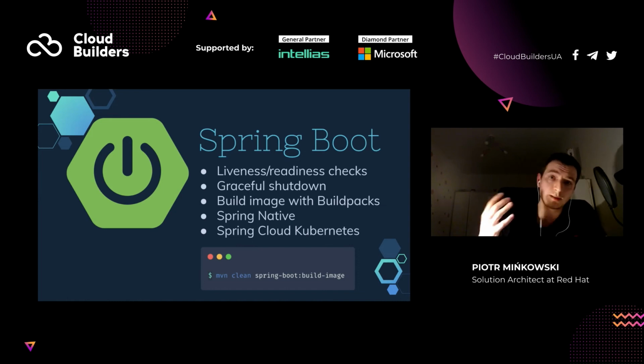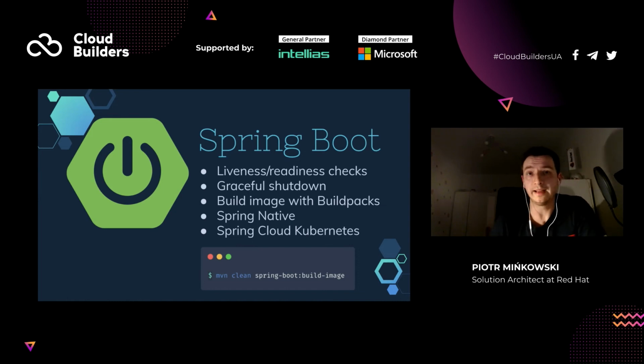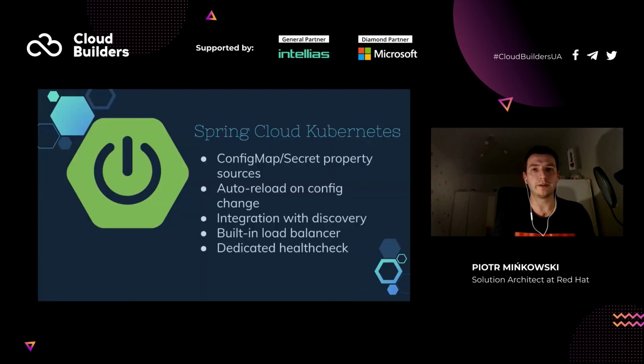And the Spring team is also actively working on the Spring Native project that improves the support for building native images. And some days ago, they announced a beta version with several significant improvements in this area. And of course, there is also the Spring Cloud Kubernetes project with a dedicated integration between Spring Boot and Kubernetes.